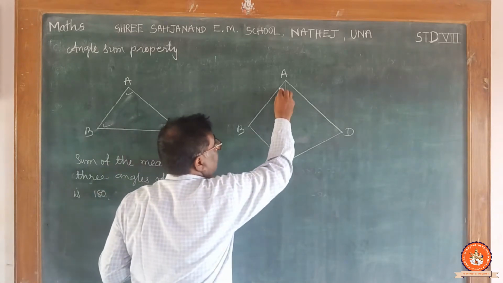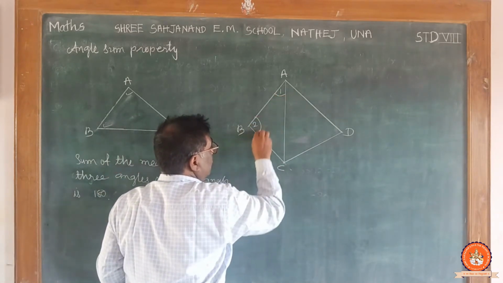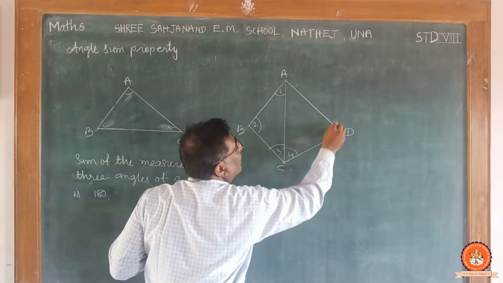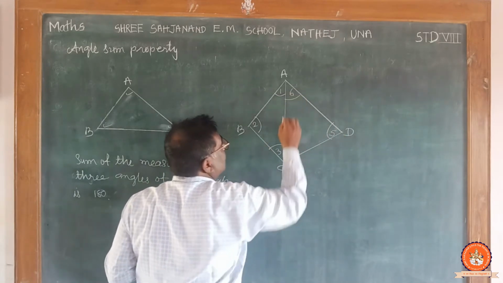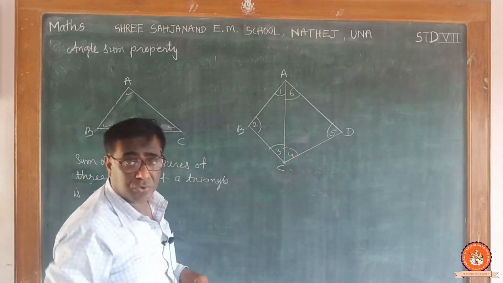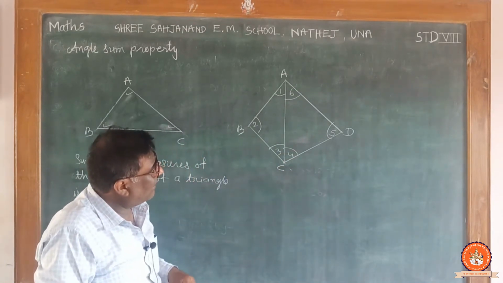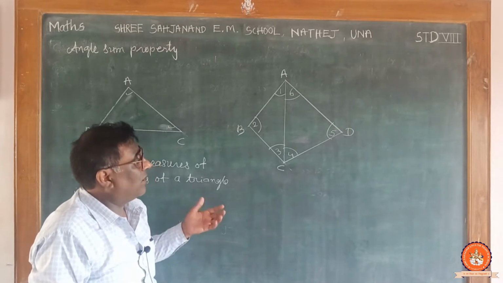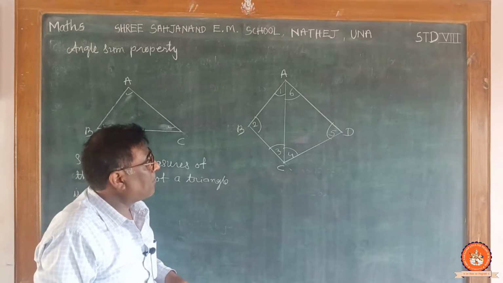Look at it. It's 1, 2, 3, 4, 5, and 6. So two triangles, and their angles are noted as 1, 2, 3, and 4, 5, 6.